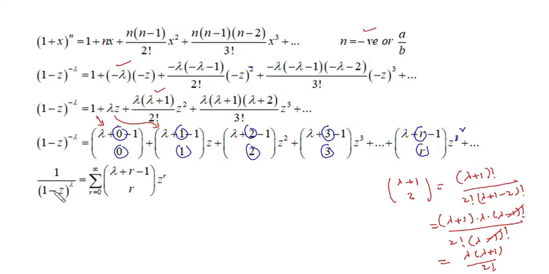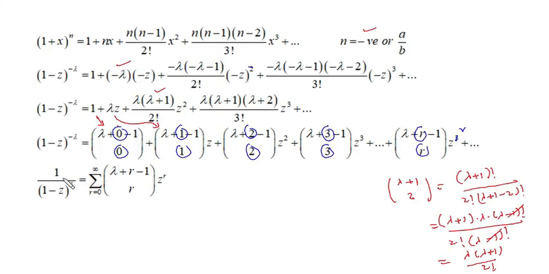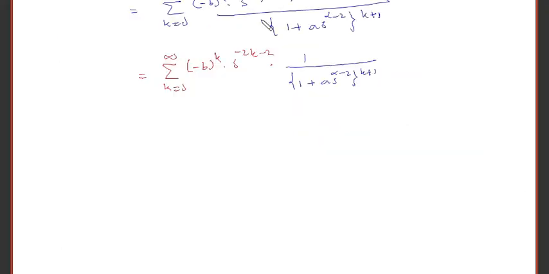So this is a formula we can use for this blue term, 1 over 1 plus, but here it has minus z, so my z is negative times this term, and my lambda is k plus 1.